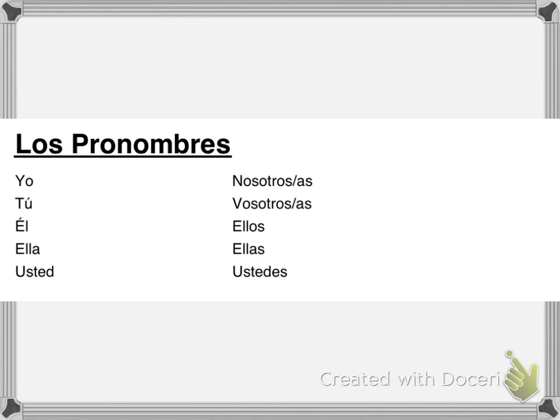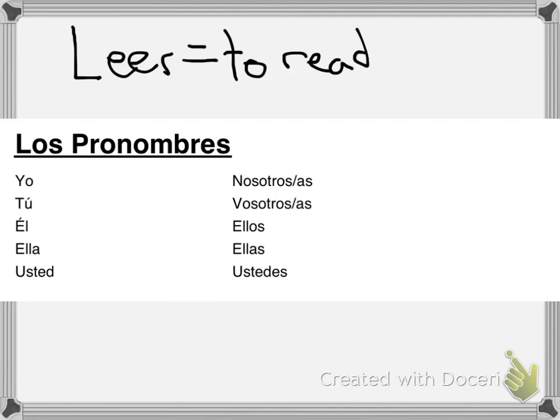So, again, verb conjugation is basically taking an infinitive verb. If you remember, an infinitive verb is an unchanged verb. For example, I could take the verb leer, which means to read, and that is an infinitive.